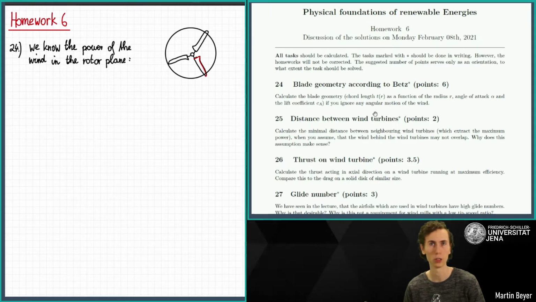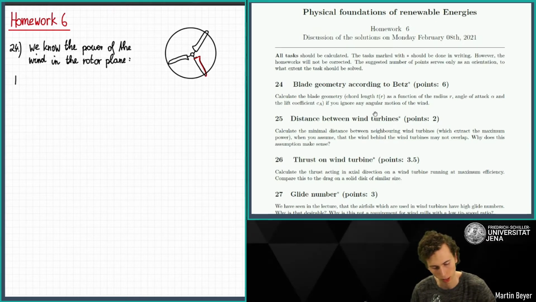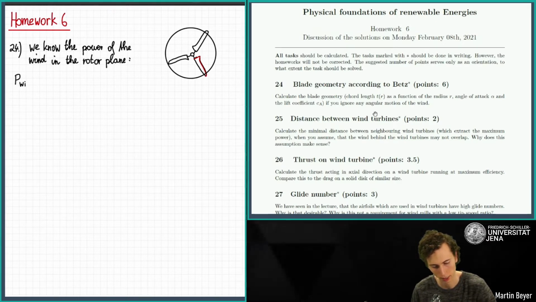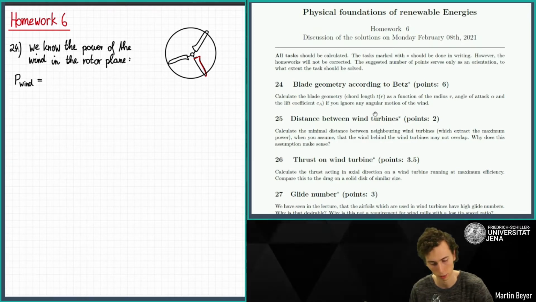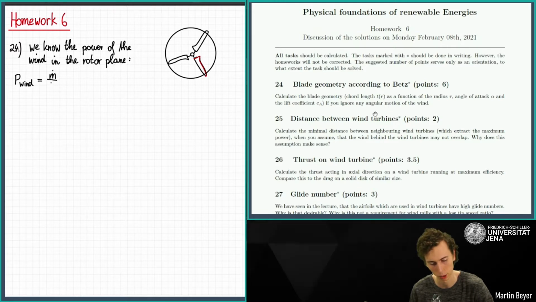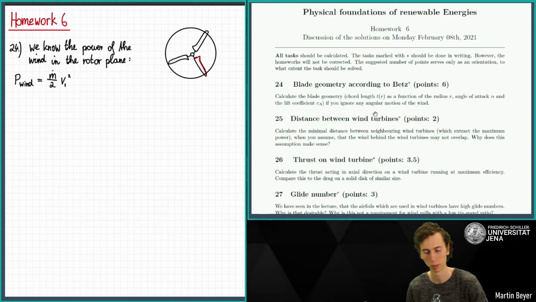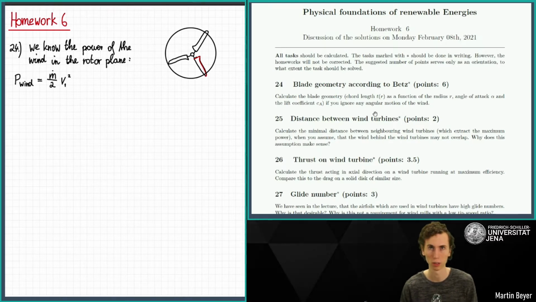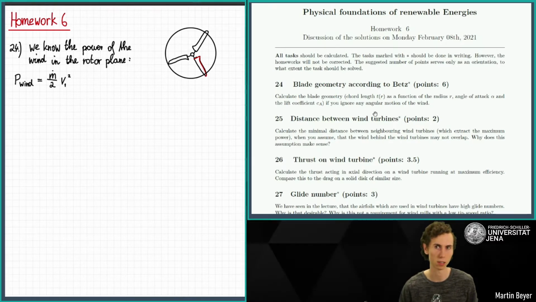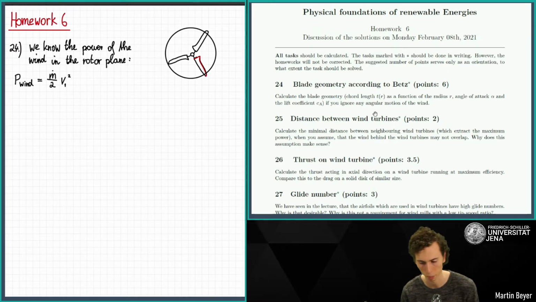That is something that we used several times already, and simply our power is nothing else than the time derivative of the energy. So it's something like m dot over 2 times the velocity of the wind far in front of our wind turbine squared, because the velocity is not changing here. That's our assumption. Only the mass of air that is flowing through the turbine may change.